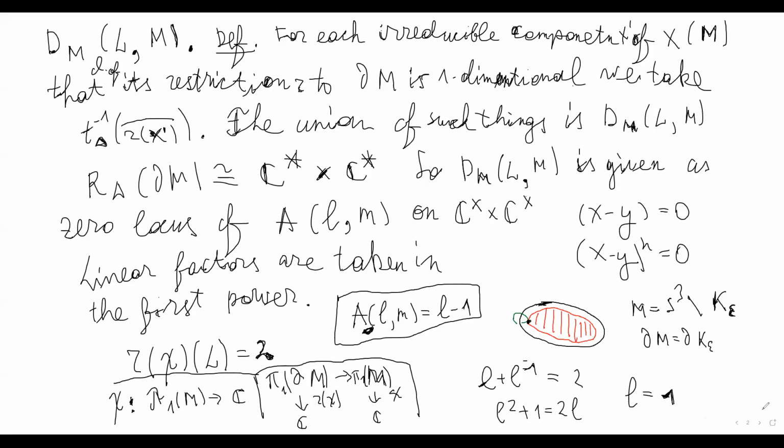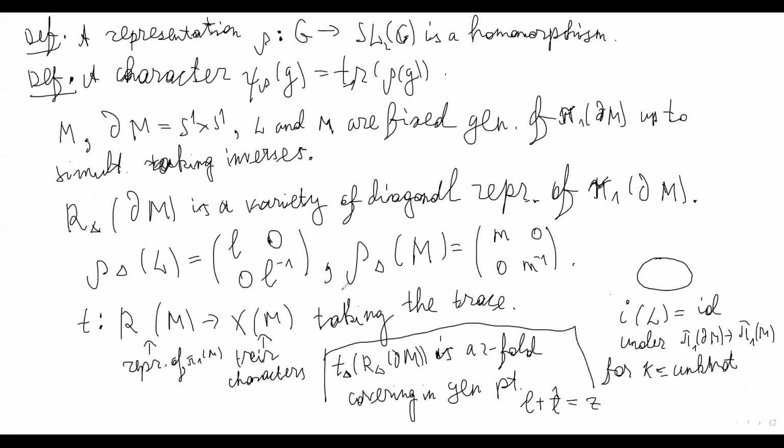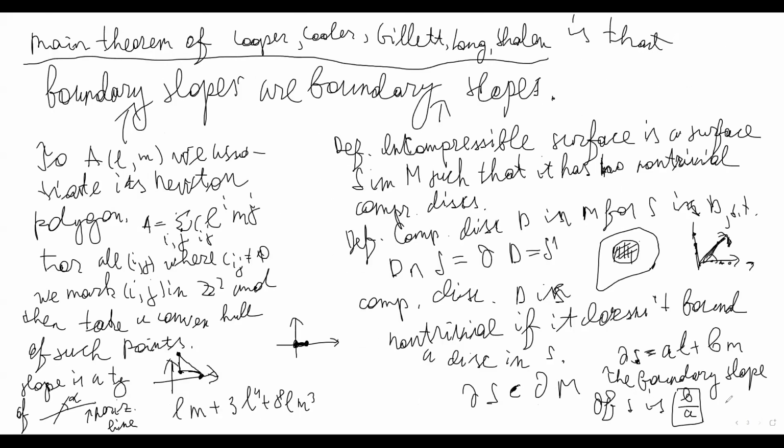So, okay, very nice question, very nice example. If we have an unknot, its polynomial is L minus 1. What is its Newton polygon?